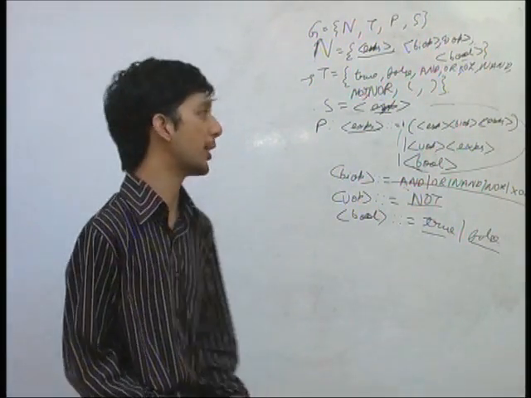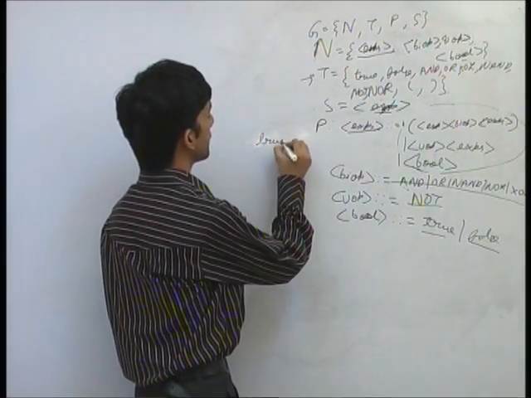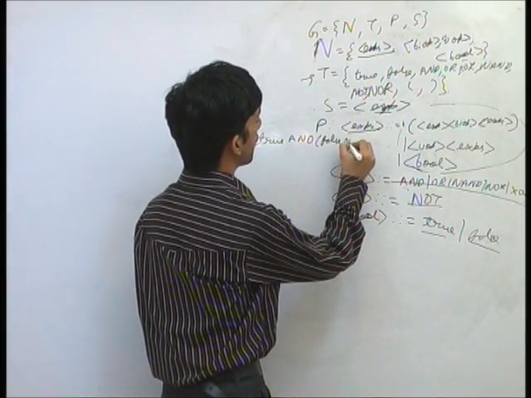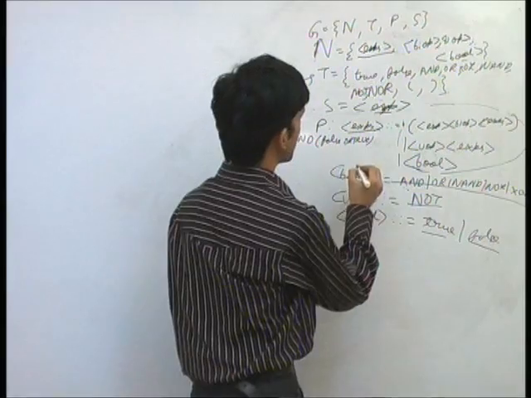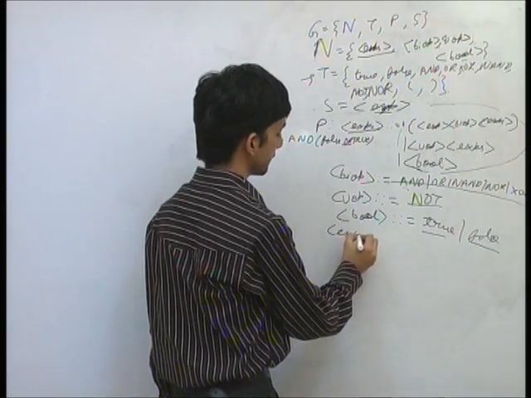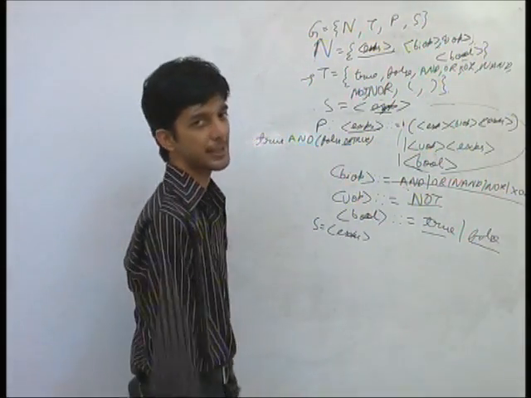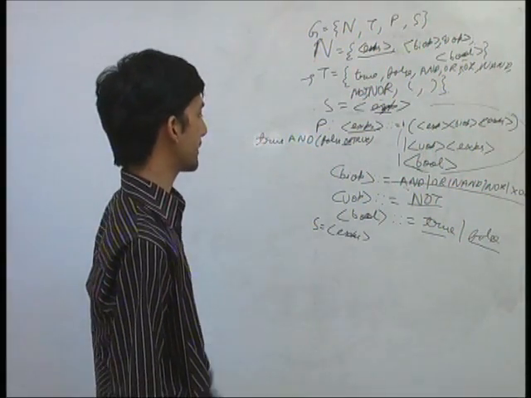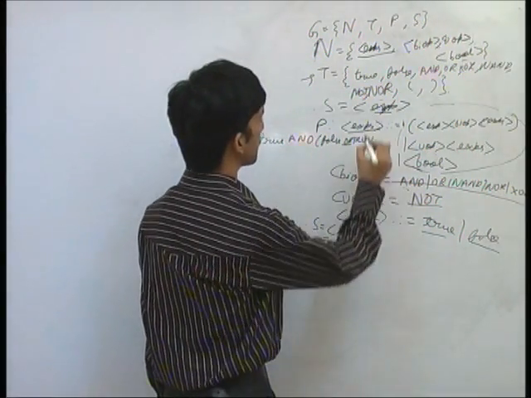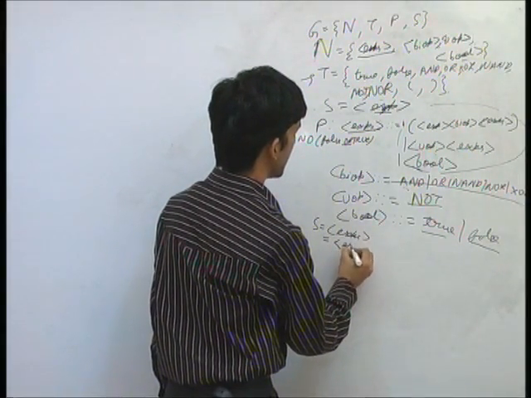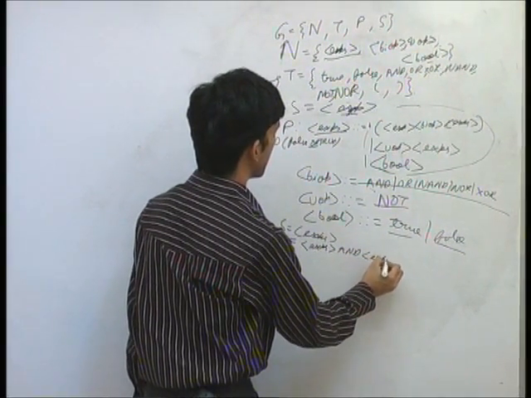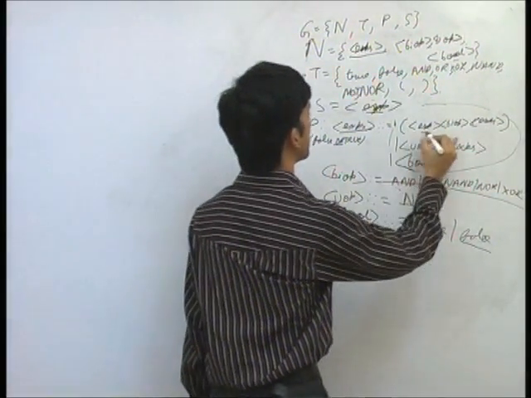So let me again generate the expression true and false or true. Let me try to generate this sentence using this grammar. I first start off with expression. This is my start symbol. Then I need to apply some kind of rule. So let me apply the production rule: that expression is changed into expression and expression by the application of this rule over here.